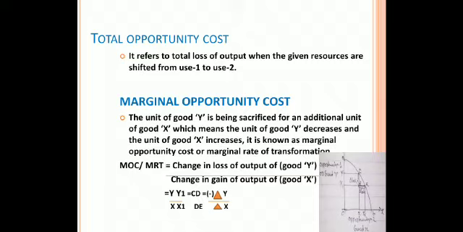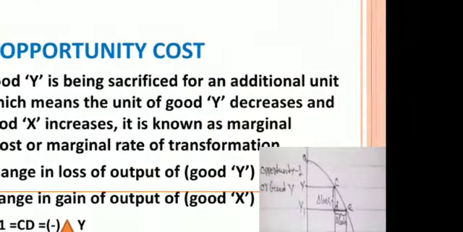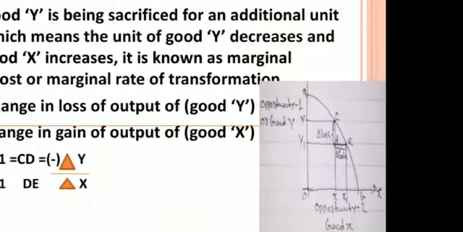Now let us discuss the second type, that is marginal opportunity cost. Students, in this figure we can see that we have two opportunities: opportunity 1 for good Y and opportunity 2 for good X. We are sacrificing good Y from Y to Y1, and we are gaining good X from X to X1.